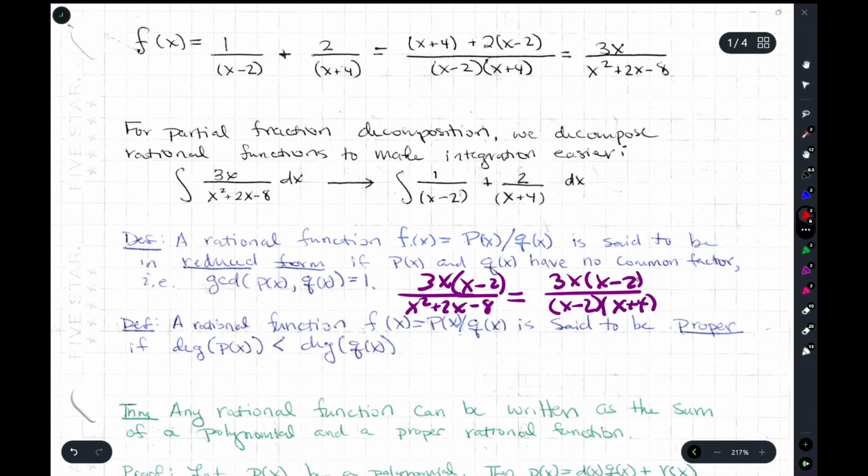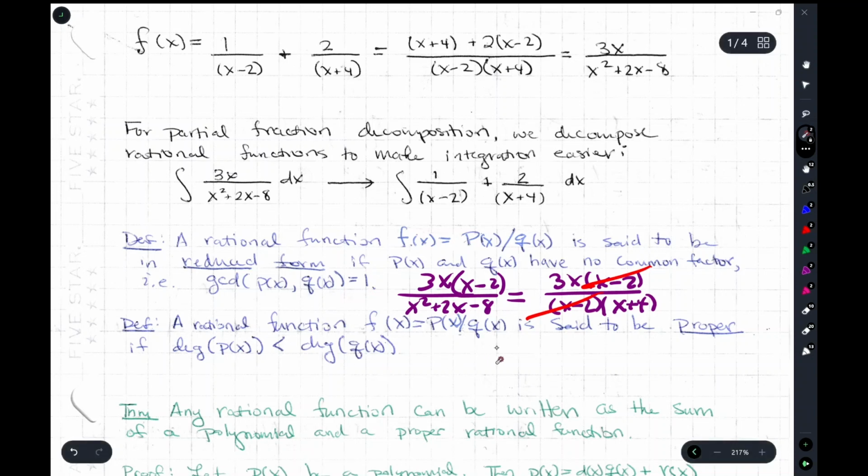What a common factor means is that reduced form does not have that situation going on. In a formal way, the greatest common divisor between the numerator and denominator is 1.